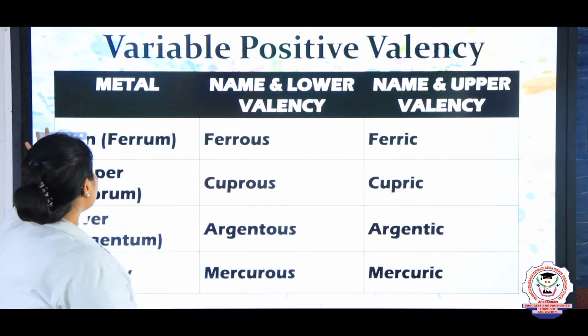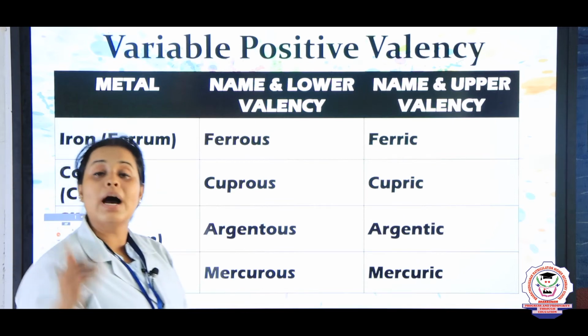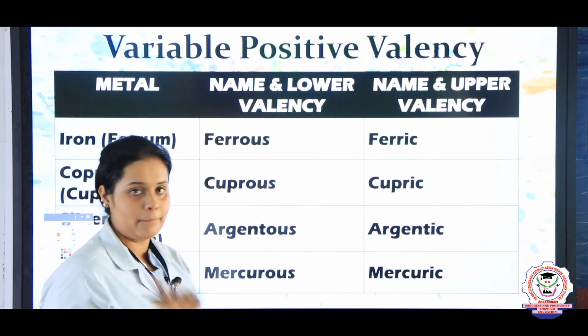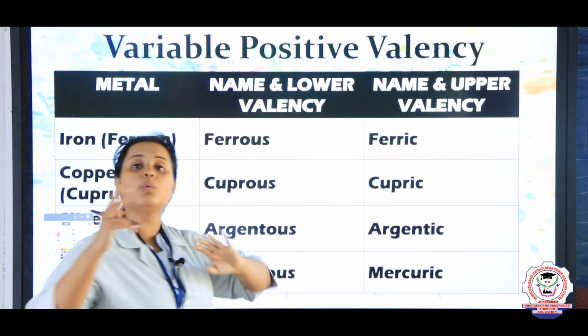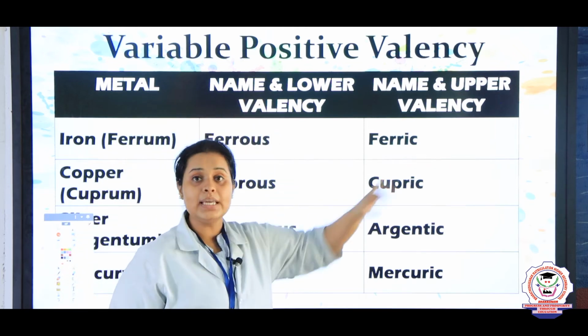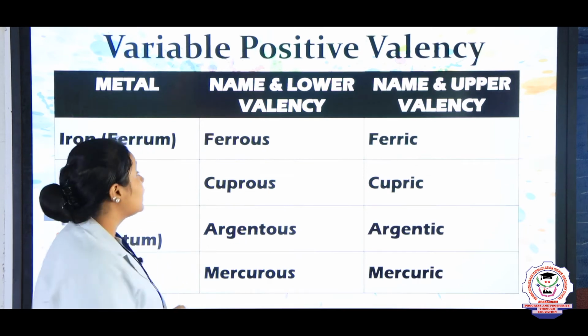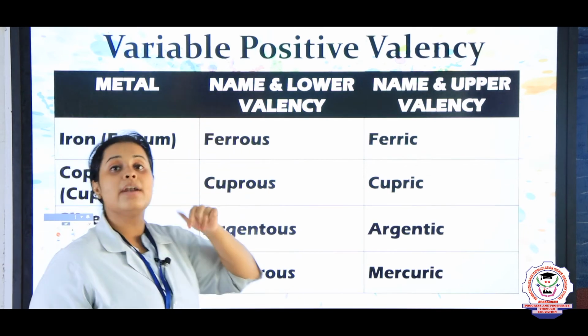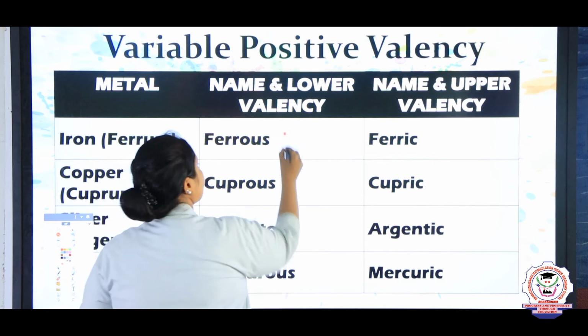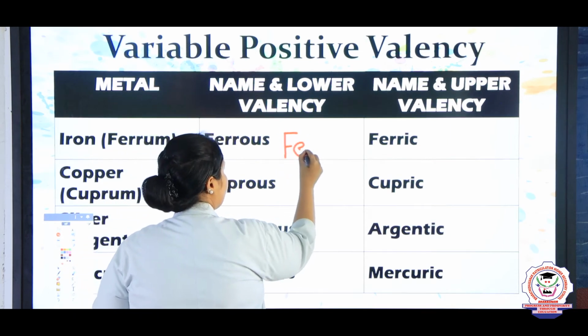If I take the example of iron, iron is known as ferrum. It has 2 valencies, a lower valency and a higher valency. The lower valency is known as ferrous, and ferrous can be written as Fe2+.